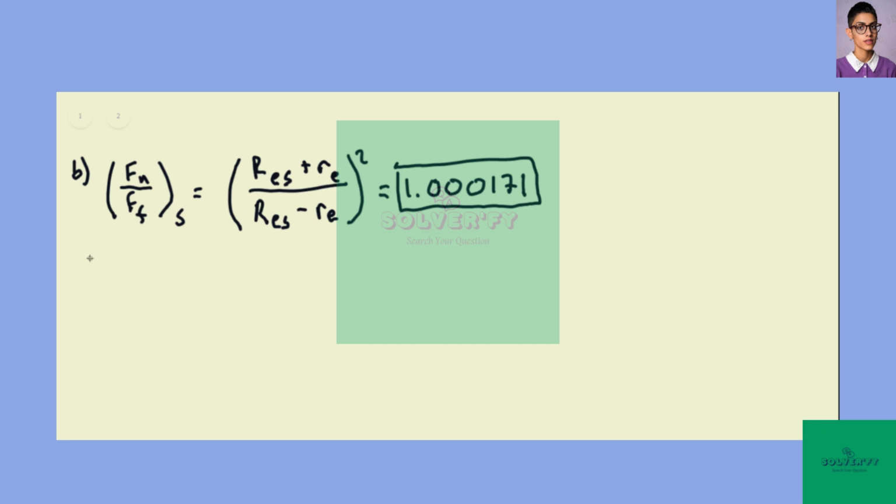So now in part C here, we want the average force from the sun divided by the average force from the moon. And so for that, we're going to use just the distance to the center of the Earth from the sun and the moon.